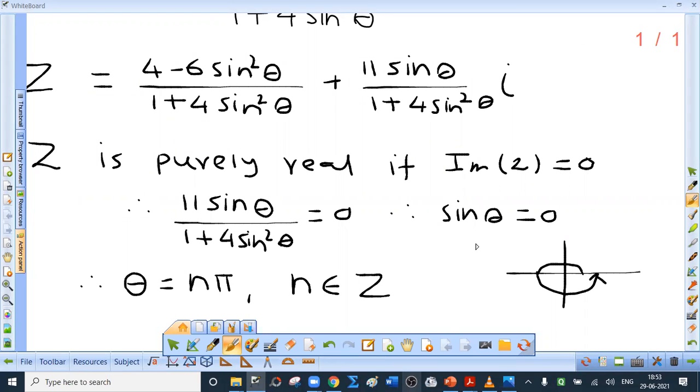That is why we are using an altogether different definition of an angle. So we are going to define trigonometric ratios not using a triangle but using a circle. So just remember sine 0 is 0, sine 180 degree is 0, sine 360 degree is 0. So in general, sine n pi equal to 0, where n is an integer.